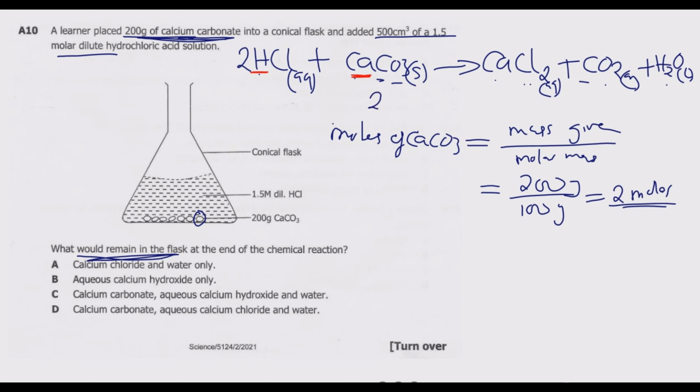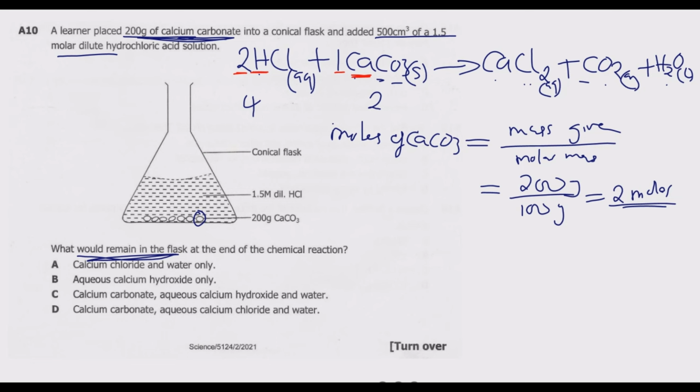Remember the ratio is 2 to 1. So when you have 1 mole of calcium carbonate, we need 2 moles of hydrochloric acid. So if you have 2 moles of calcium carbonate, what we require is 4, so that this balances. Remember this mole ratio, 2 to 1.